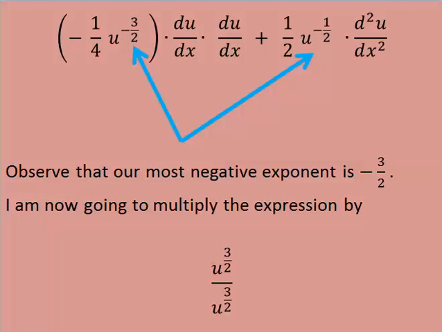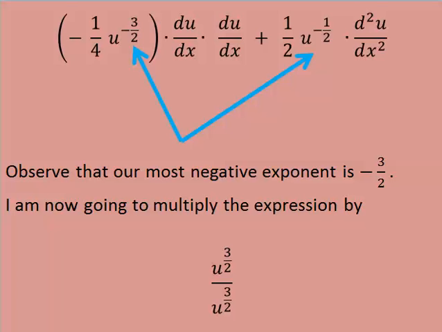All right, I'm all done taking derivatives. I actually know what all of these things are. I know what u is, I know what du dx is, I know what the second derivative of u with respect to x is. And so I could do my substitution now, substitute everything in. Well, I kind of prefer not to, because as soon as I do that, it's going to be even uglier than it already is. So what I'd like to work on now are these negative exponents.